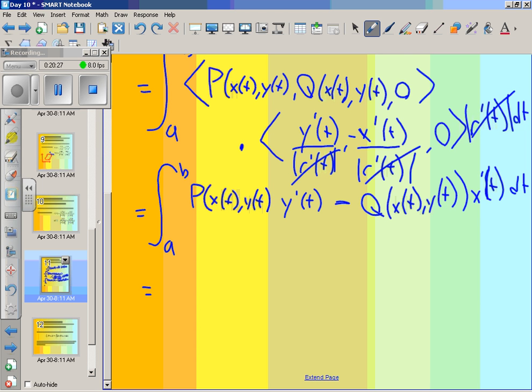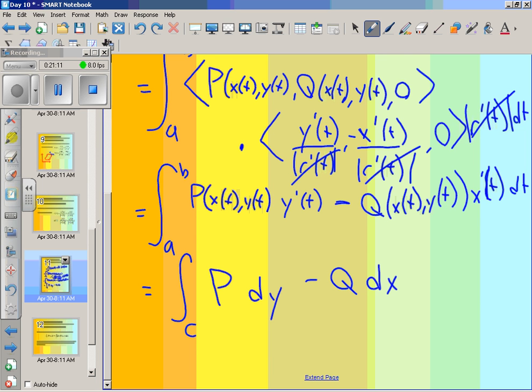Okay, and so what we have to think of doing now is, remember, this whole thing is being evaluated with respect to t, so we have a dt on both of these. And if we want to switch back to just being the line integral over the curve, then what we have would be P times y prime of t dt, which would just be P dy. And here we have x prime of t dt, which would be dx, and so we're going to have minus Q dx.